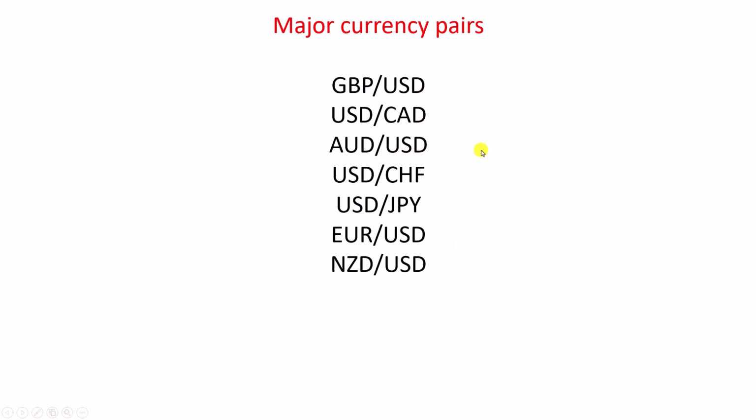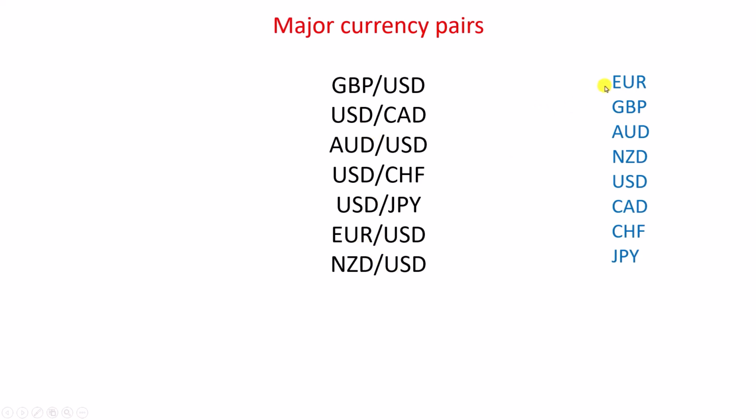Actually, they have a convention, and this is the convention. This is the priority they give for the major currency pairs. If a currency pair has euro in it, then euro will be the base currency. So if you look here, we have euro and USD.